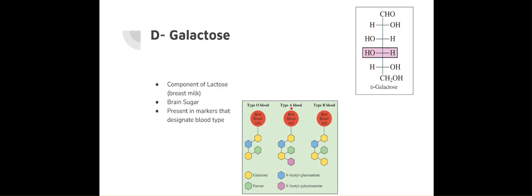If you have a type A blood type, you have a red blood cell that has a galactose, an N-acetylglucosamine, another galactose connected to a fucose, and an N-acetylgalactosamine. This determines an A blood type. I'm not going to test you on this. There are no questions on the test about that, but just so you see that this is how these things are used in our body chemistry. And then type B has a different configuration as well.